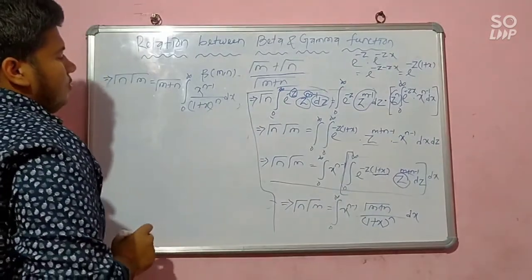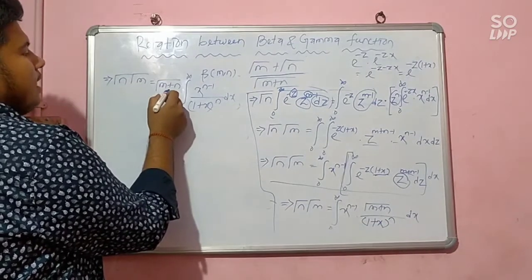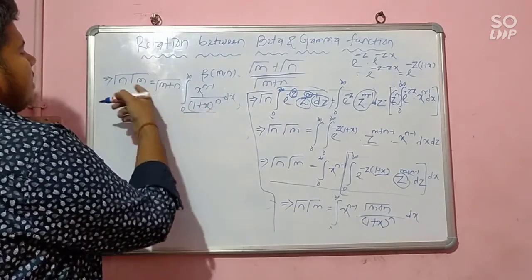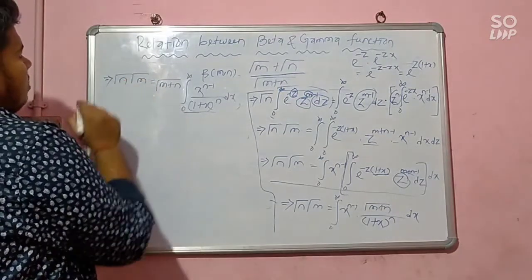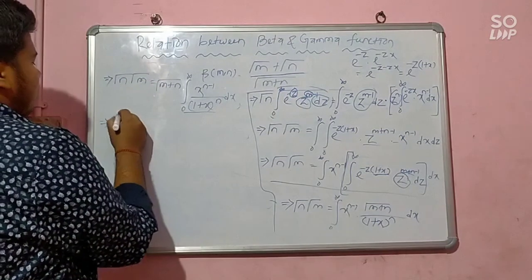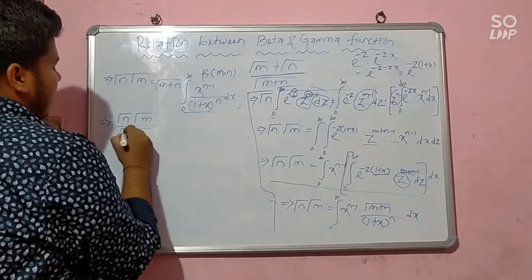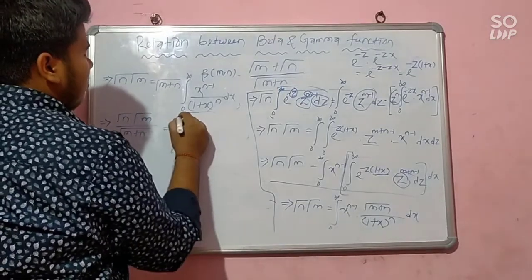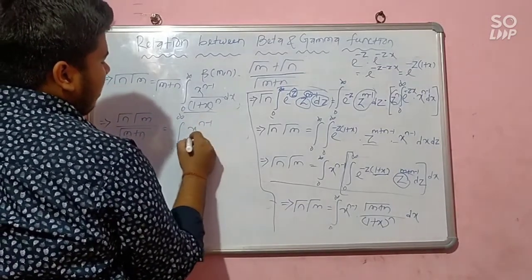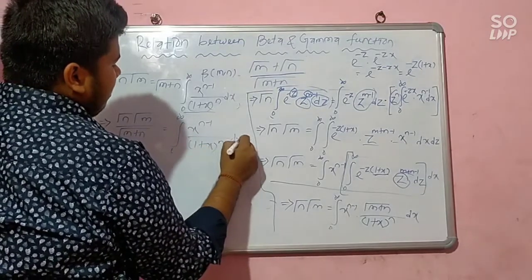So here gamma m plus n is a constant multiplied with this term. When we take this to this side, it will be divided. So this implies gamma n into gamma m by gamma m plus n is equal to the integral from 0 to infinity of x to the power n minus 1 by 1 plus x to the power n dx.